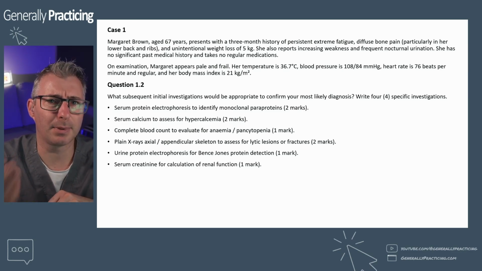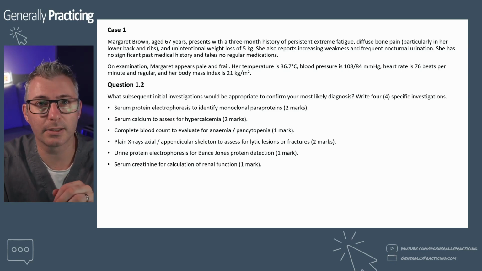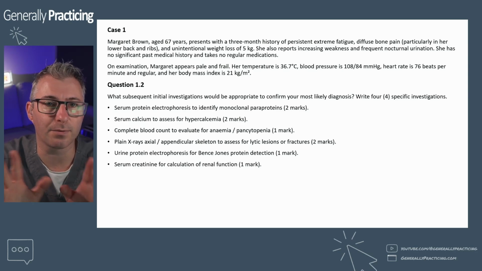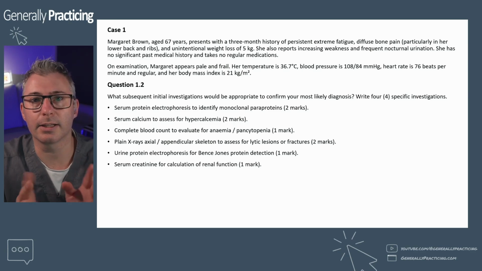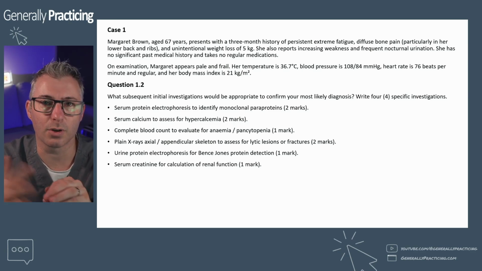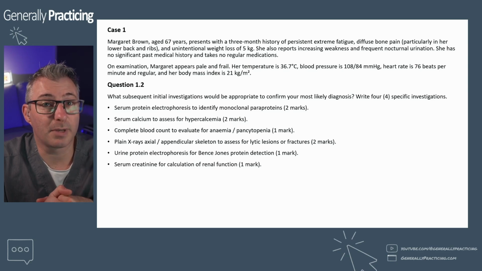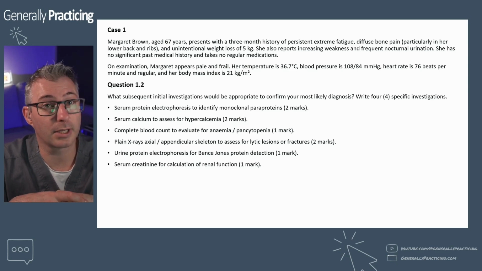So plain x-rays of the axial or appendicular skeleton to assess for those lytic lesions or fractures. I think if you're saying either axial skeleton or appendicular skeleton, lytic lesions or fractures, you're going to get those 2 marks there. Now, moving on as well, we'd also be doing our urine protein electrophoresis, looking for those Bence-Jones proteins.